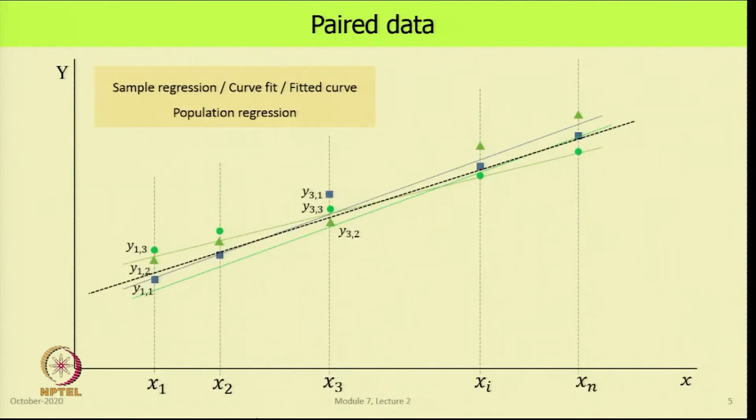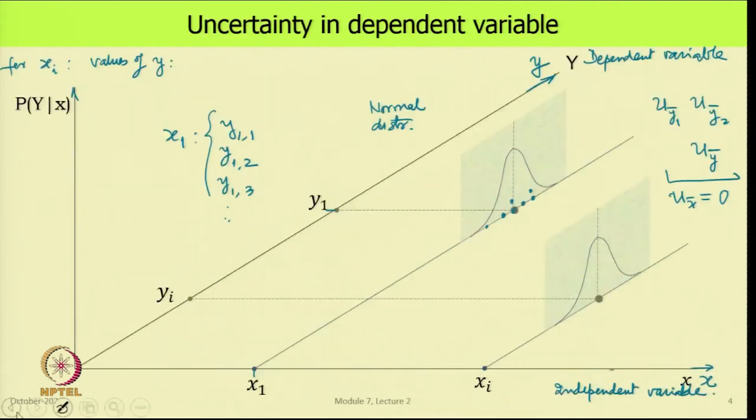So, now let us see what happens. What we are saying here is that in the first experiment you would get this x1 and this y. The next time you do an experiment you would get the same x1, but maybe this y. So, our data pairs will be x1 y1 1 from the first experiment, same value if we do it x1 y1 2 from the second round, x1 y1 3 from the third round, and so on.